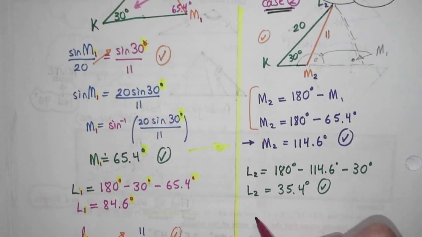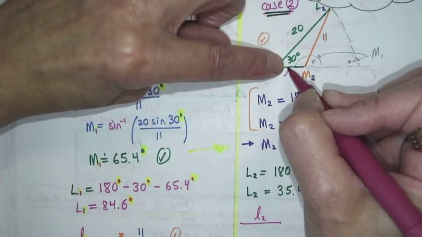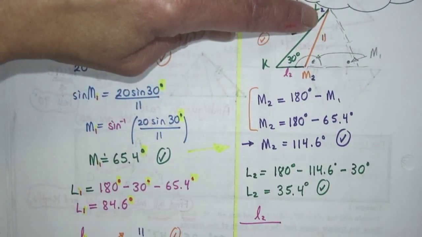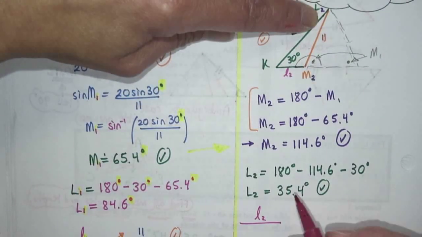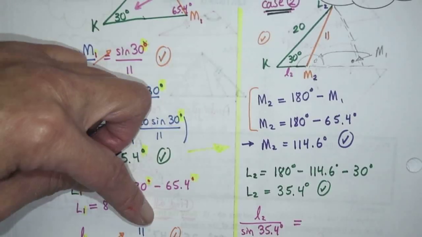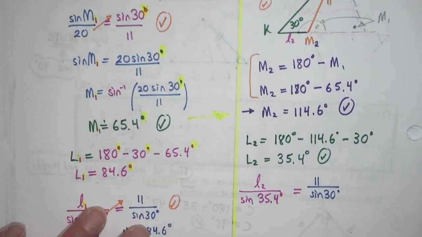So I'm going to go L2 over, if this is L2, it's over, and we just found that side here. So take your answer from before: sine of 35.4 equals, and I like to use my original ratio, which is much more accurate because you haven't done anything to it.